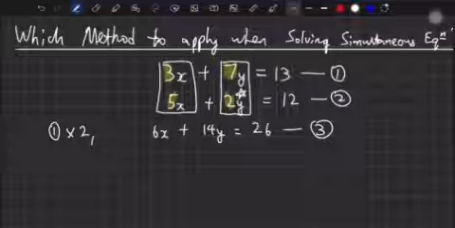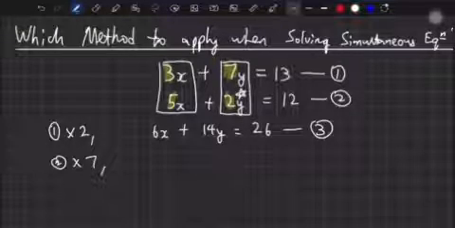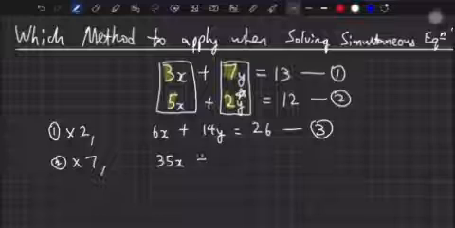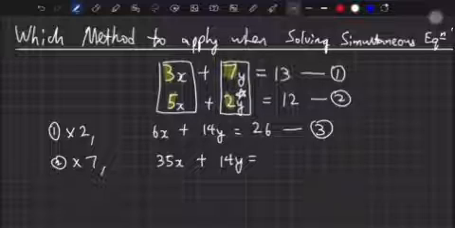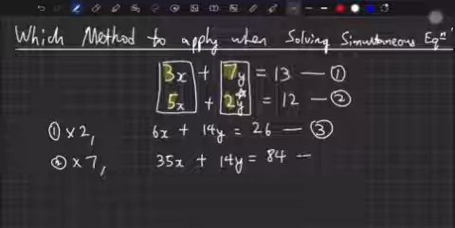Now for equation 2, I have to change 2y to 14y. 2 times 7 gives me 14, so equation 2 times 7. 5 times 7 is 35x, 7 times 2 is 14y, then 12 times 7 is 84. So this will be equation 4.